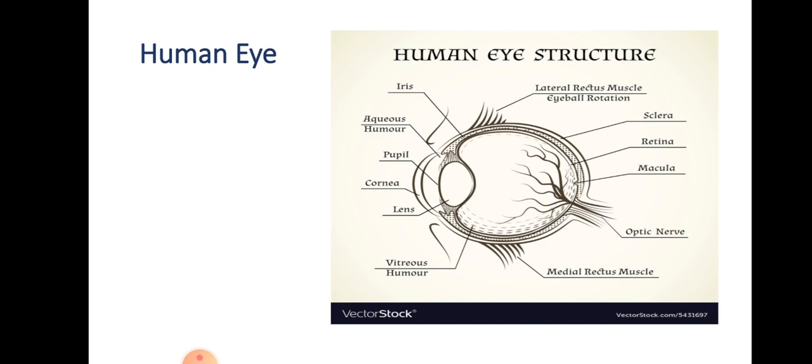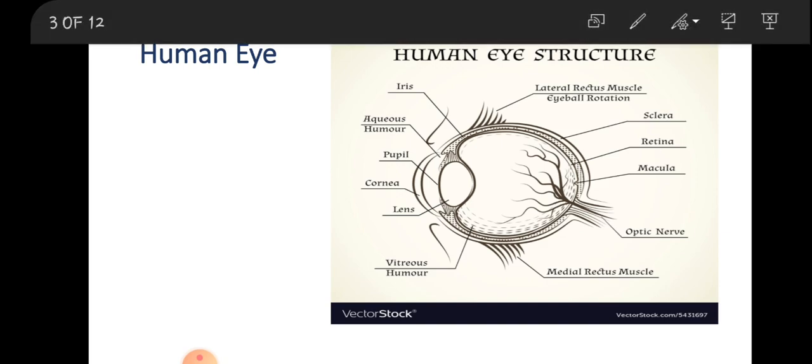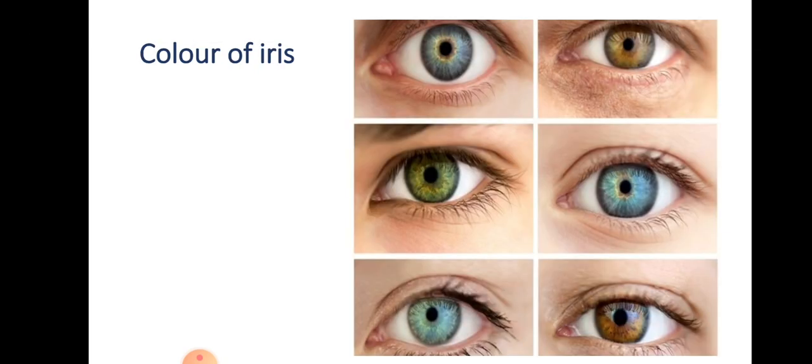This color of the eyes is given by the iris. The color of the iris is different for different people, so only the color of the eyes changes. Children, next: the iris controls the amount of light entering into the eye.